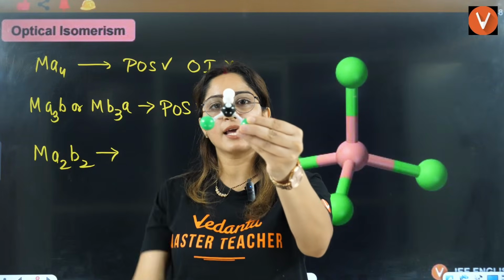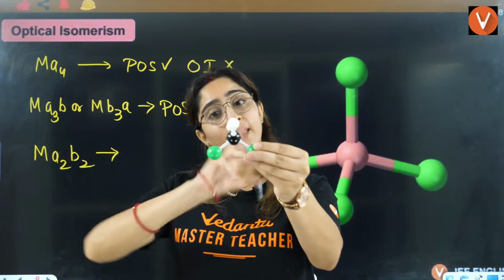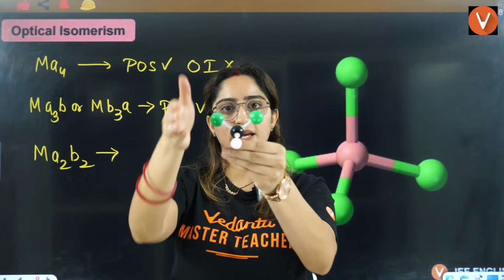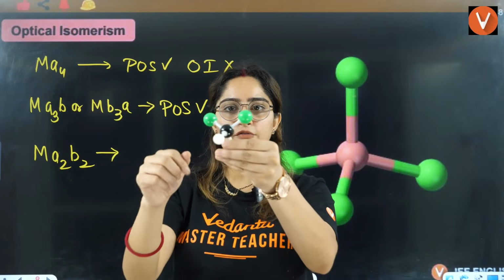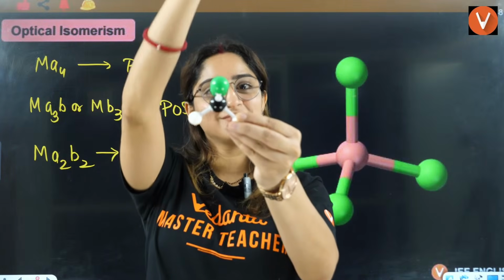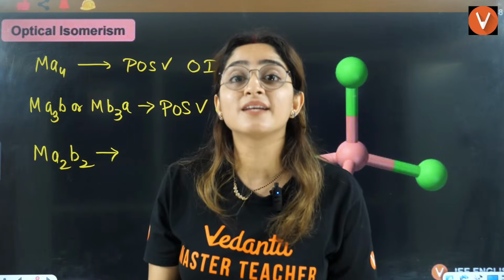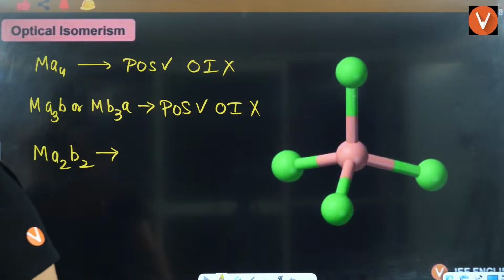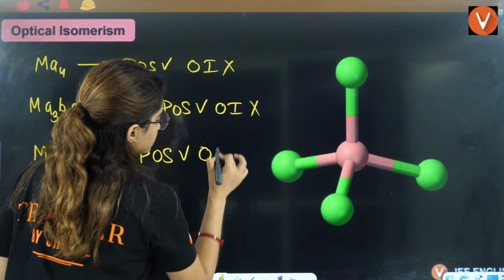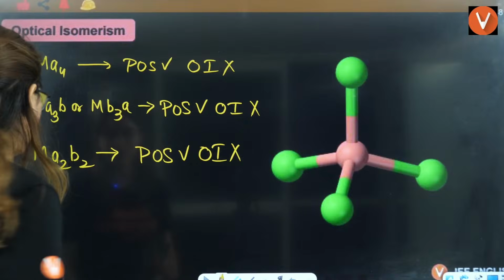Can you see that? If you see it like this, it will cut into equal half. So there is definitely POS present. Optical isomerism does not exist.